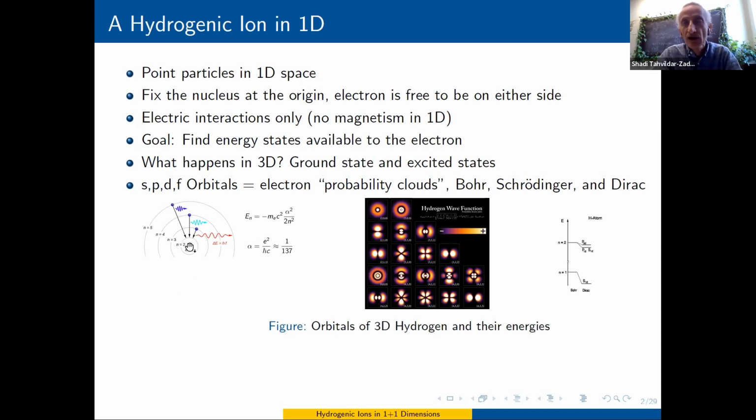This is the Bohr model for the atom, with the nucleus at the center and the electron in circular orbits around it. The idea of Bohr was that only certain orbits are allowed, and each orbit is associated with a certain energy level. If the electron jumps from one level to the next, it will emit electromagnetic radiation. That's what these squiggly things are, and that's something that can be observed.